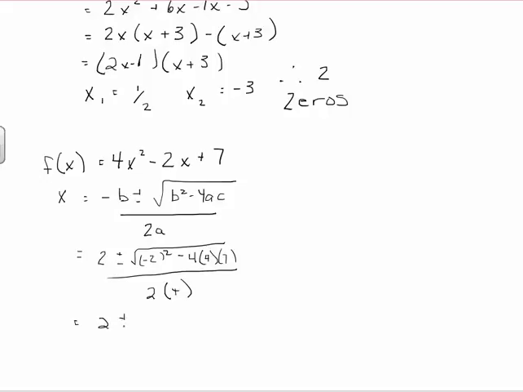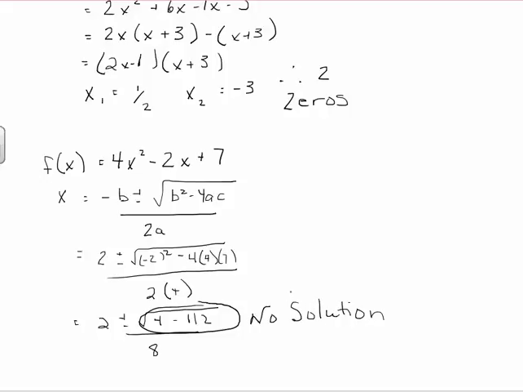So here we have 2 plus or minus 4 minus 112, all over 8. Well, I can quickly see right here this is going to give me a negative number under the square root, and we have to keep in mind that we can't square root any negative number. There's no solution. So immediately, this is how we can tell whether there are any roots or not. There's not going to be in this example.